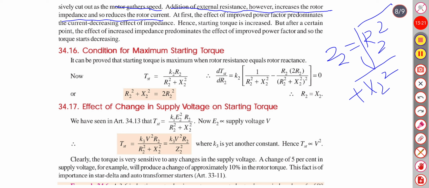Hence, starting torque is increased, but after a certain point, the effect of increased impedance predominates the effect of improved power factor, and so the torque starts decreasing.